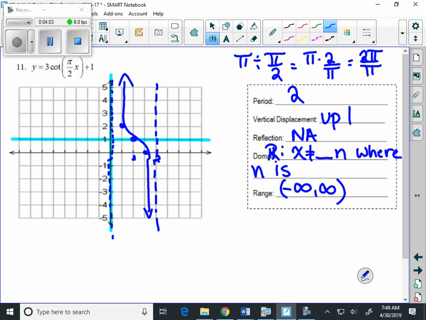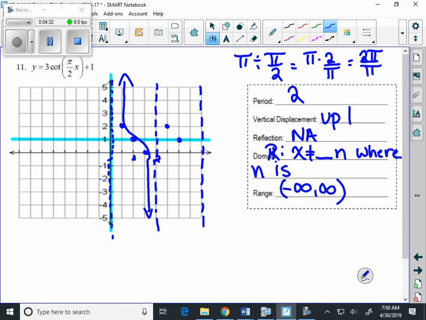But we can get another 1, 2, 3, 4 that we're going to put in another asymptote. And I want to stress to you to go back and look at the first 2 graphs that we did on the tangent and cotangent notes, because look at the pattern of them. Get those in your head to study for a test or a quiz.